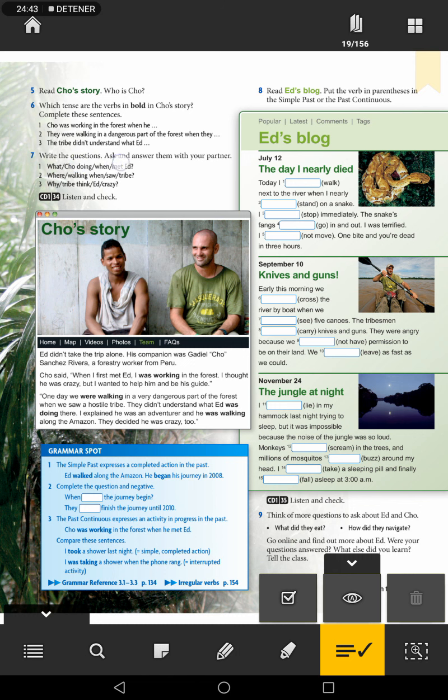The tribe didn't understand what did Ed. La tribu no entendía lo que Ed. Ahora acá vamos a necesitar el pasado continuo. And that's it. Y eso es lo único que quiero que hagan hasta aquí. Recuérdense ustedes, pausan el video y hacen sus actividades y luego le siguen.